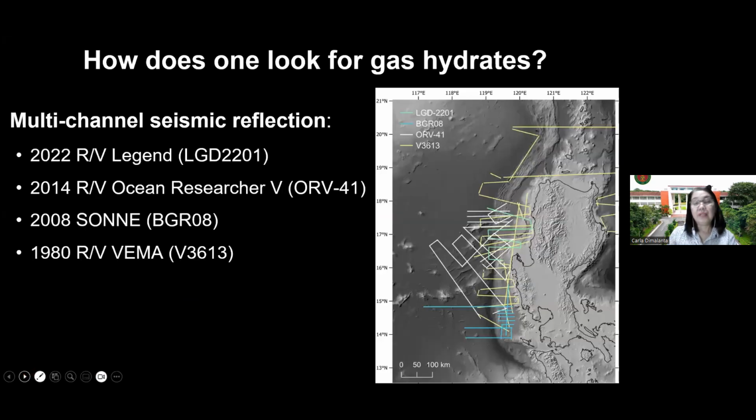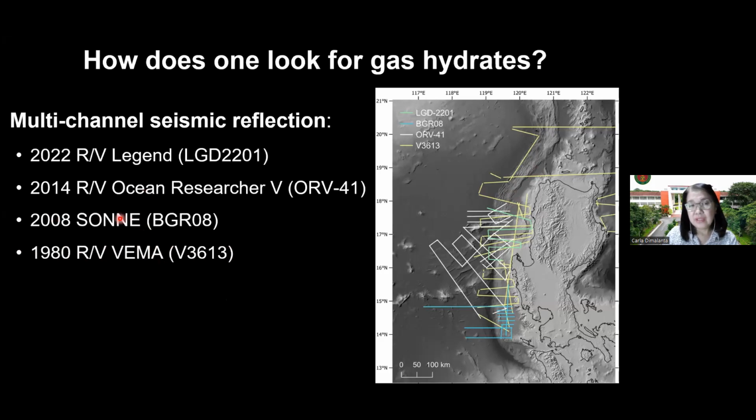And in our case, we have several data sets of seismic reflection data that have been collected in various marine cruises within the Manila Trench region. We decided we have a treasure in terms of the seismic data that is available to us, that we can potentially look at when we try to examine and look for clues for the occurrence of gas hydrates. So here we have a 1980 marine geophysical survey done by German scientists, American scientists, RV Vema.